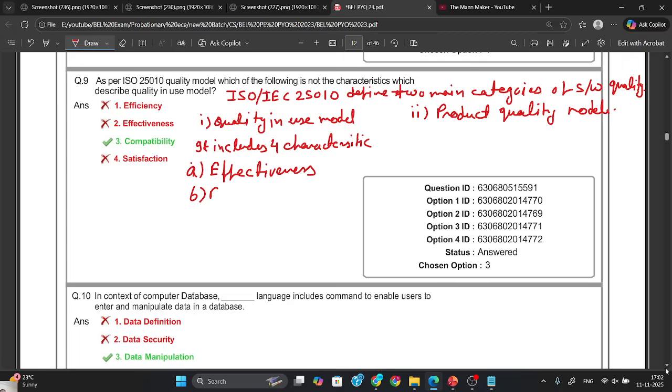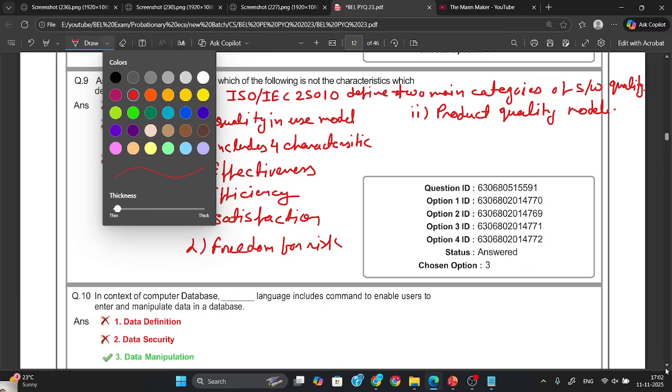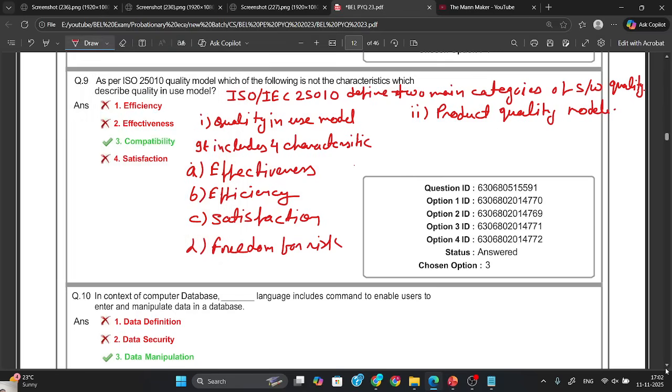Then we have efficiency, then satisfaction, then freedom from risk. So generally we have these four kinds of characteristics in the quality in use model.